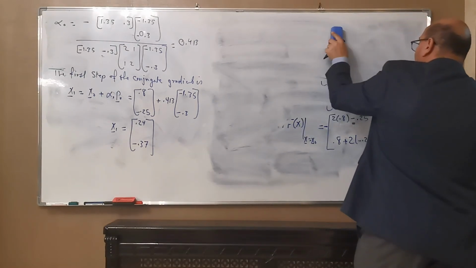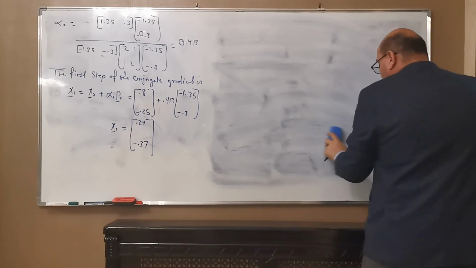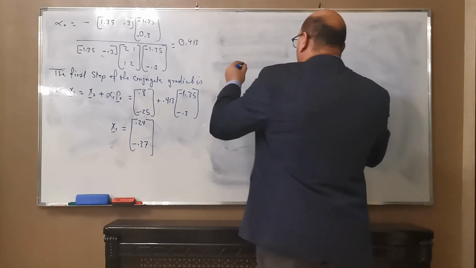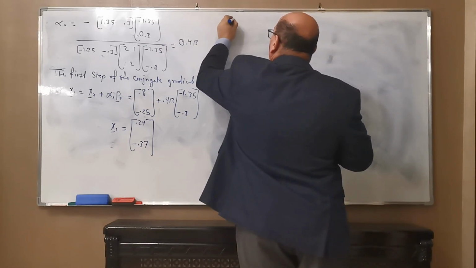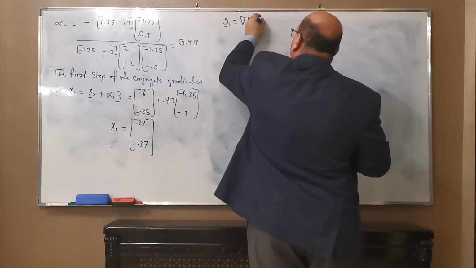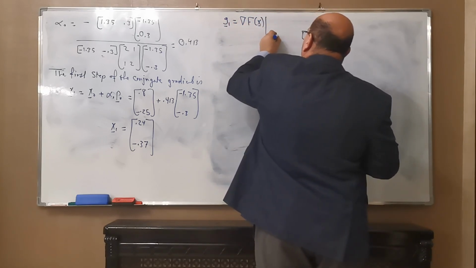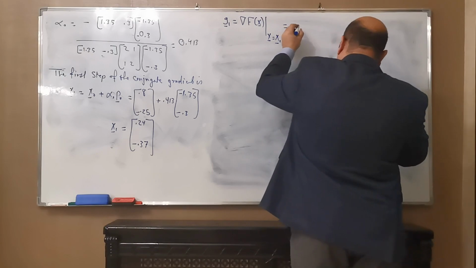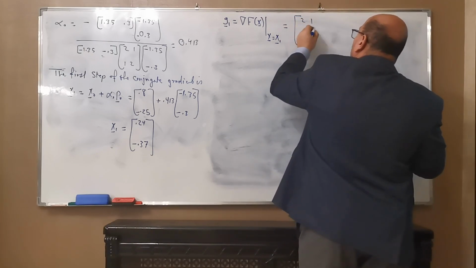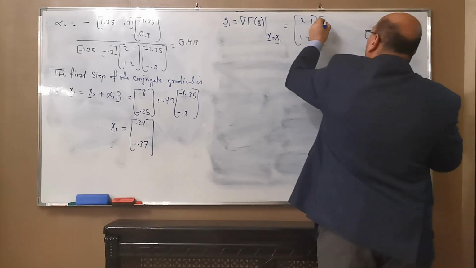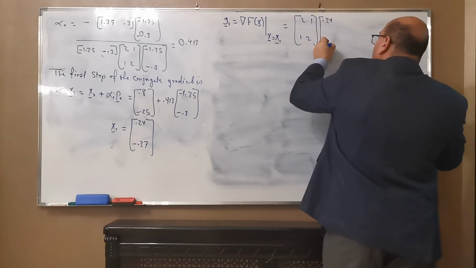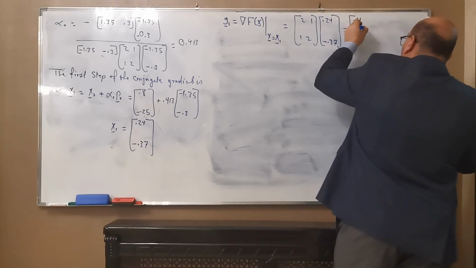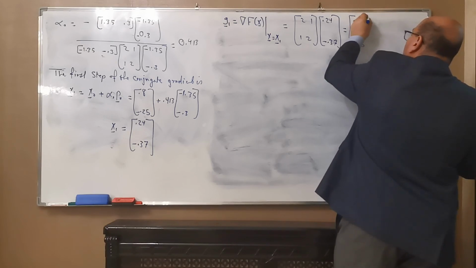This is a second order system. We are supposed to get to the minimum in n equals 2 steps, actually. So let's see this. Now we have g1 equals the gradient of f(x) at x equals x1. This equals 2, 1, 1, 2 times (0.24, -0.37), which equals (0.11, -0.5).